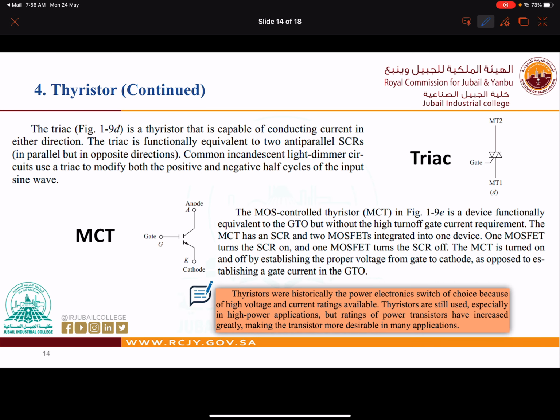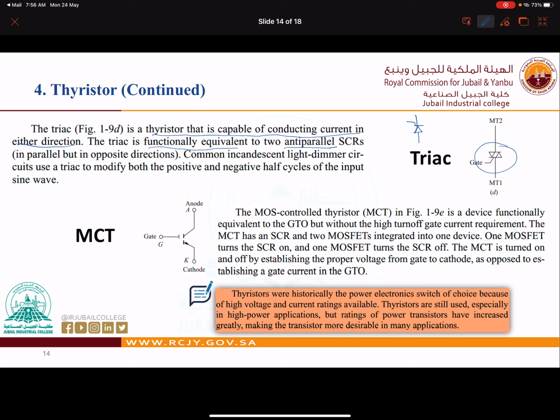Now, for the Triac, the Triac is basically a thyristor that is capable of conducting current in either direction. Why is that? The Triac is functionally equivalent to two anti-parallel SCRs. So, as you can see here, we have two anti, means it is in the other direction. They are parallel. Okay, so this is one thyristor, right?